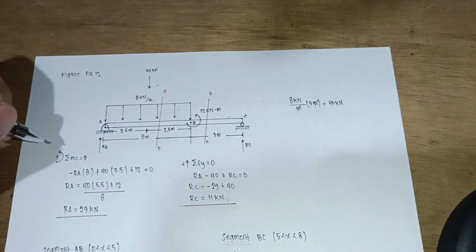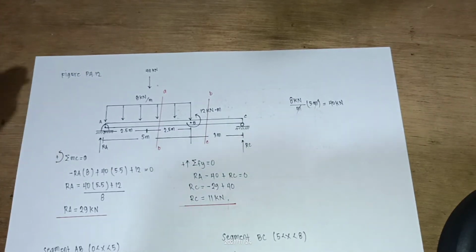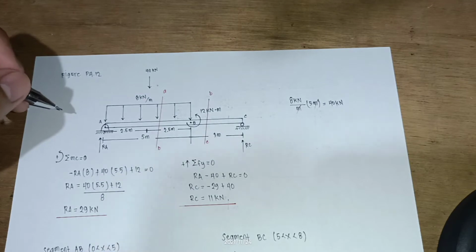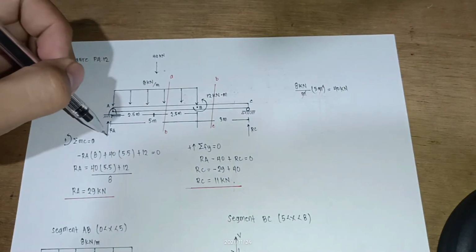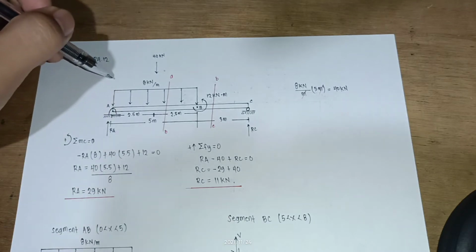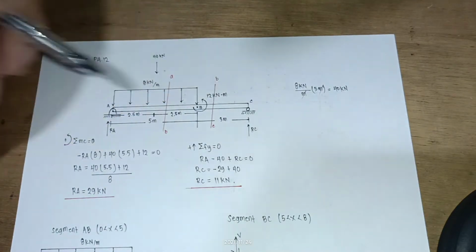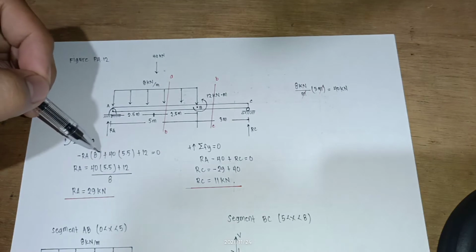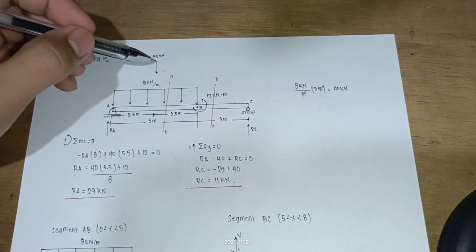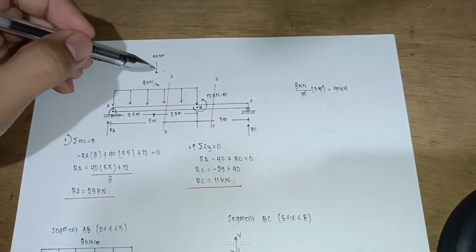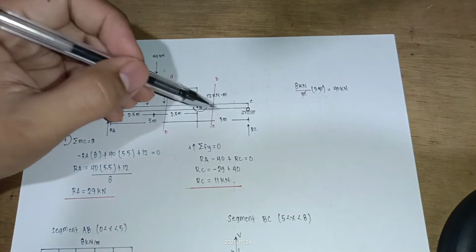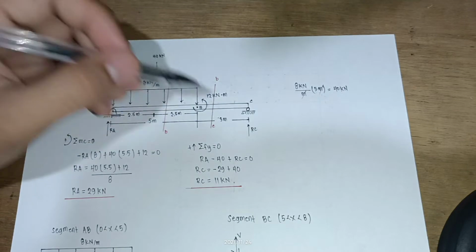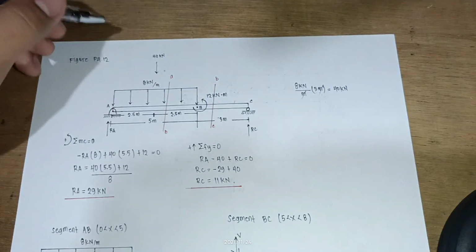So summation of moment at C is equal to 0, taking counterclockwise positive. So that is negative RA times 8 plus 40. This is counterclockwise, so 40 times 2.5 plus 3, that is 5.5.